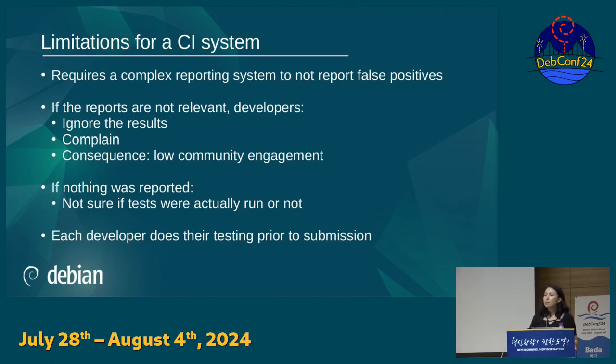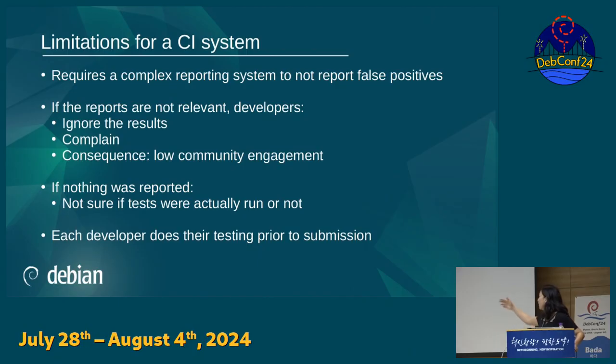Because if this reporting system starts reporting things that are not relevant, things that are not the fault of the code, but the fault of the CI system that is malfunctioning, or the fault of the test suite that wasn't updated, or just reporting something that is low priority and won't fix, people start ignoring the results, or they even start complaining about getting spammed.